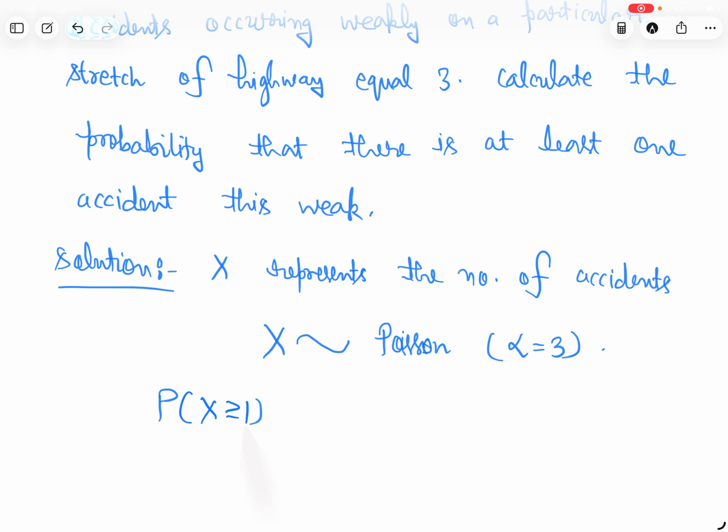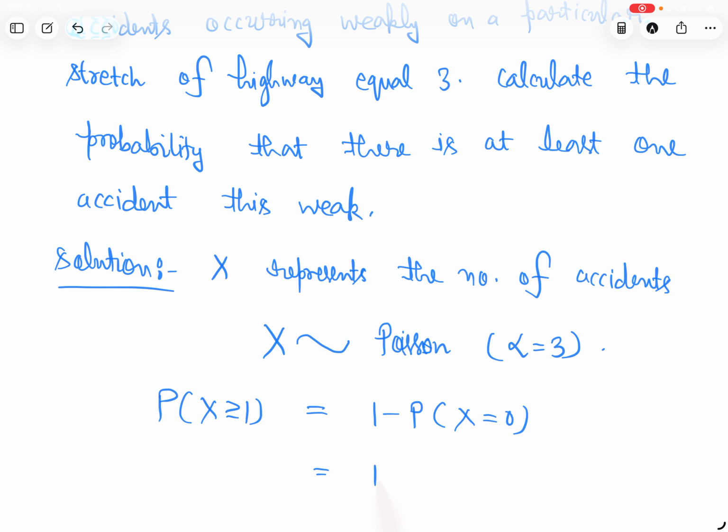The probability that at least one accident will happen is equal to 1 minus P(X = 0). Because the summation of all the probabilities is 1, we are taking P(X greater than or equal to 1), which will be 1 minus P(X = 0). Okay.